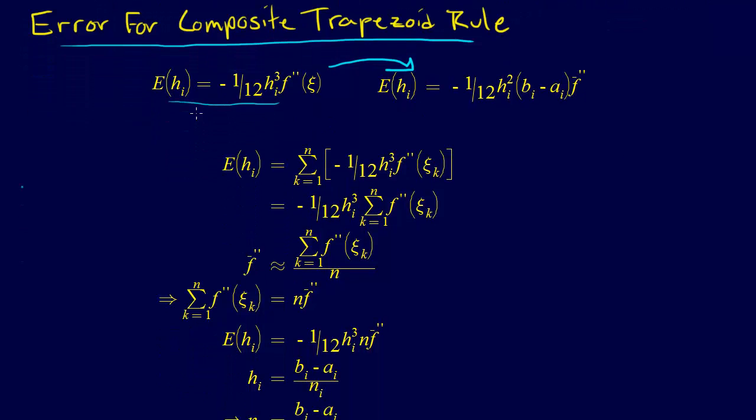Okay, so the goal is to get from here to here. The way we do that is we say, well, E_Hi is just the sum from k equals 1 to n of minus 1/12 h_i cubed f double prime c_k. That's just this equation popped in there.